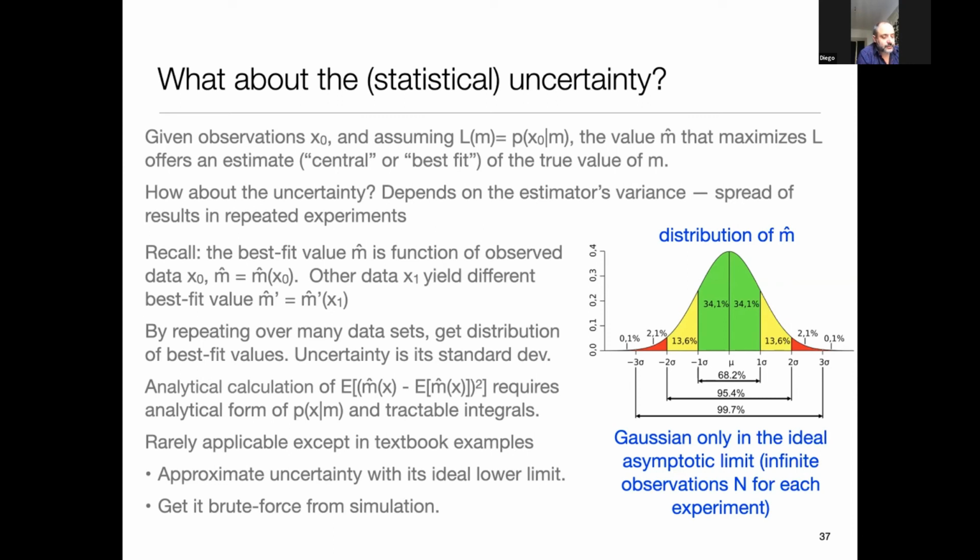So in a physics measurement, there are two ways of getting away with that. One is to approximate the uncertainty with its ideal lower limit, which fortunately is typically known in a maximum likelihood estimate.